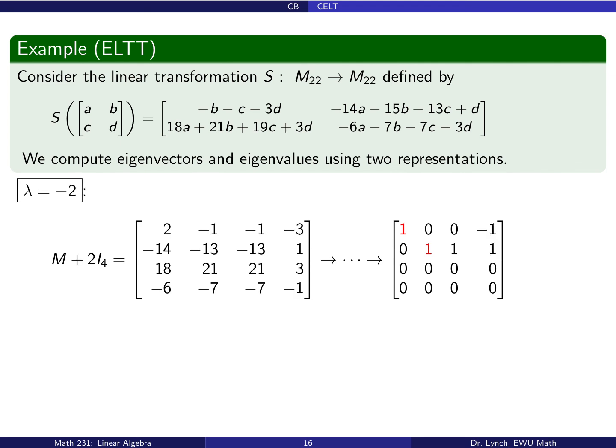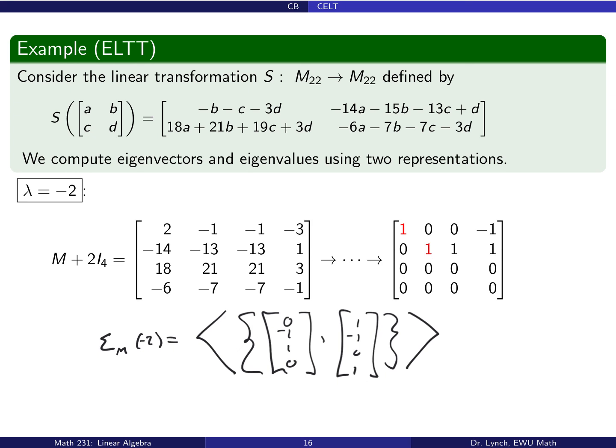The eigenvalue with algebraic multiplicity 2 also has geometric multiplicity 2, and we can see pretty quickly that its eigenspace is the span of a set containing two vectors. And here are those two vectors of the eigenspace of the matrix M corresponding to the eigenvalue -2.